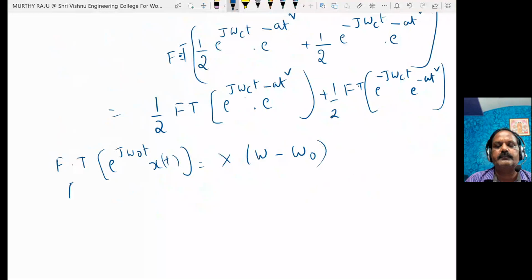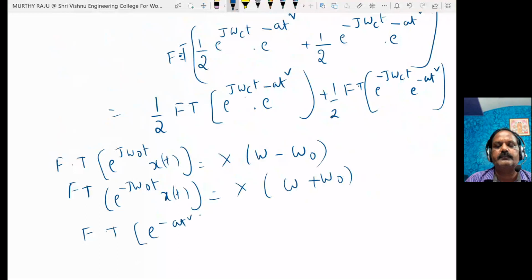And also the Fourier transform of e power minus j omega naught t x of t is x of omega plus omega naught. By using the Fourier transform of e power minus at square, which is root pi by a e power minus omega square by 4a, apply this frequency shifting Fourier transform property here.